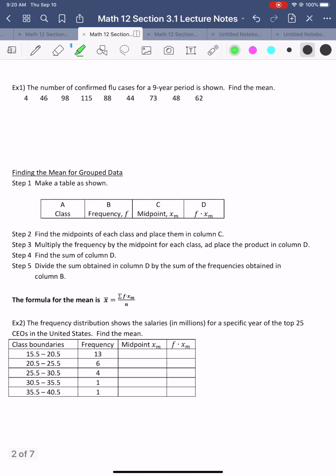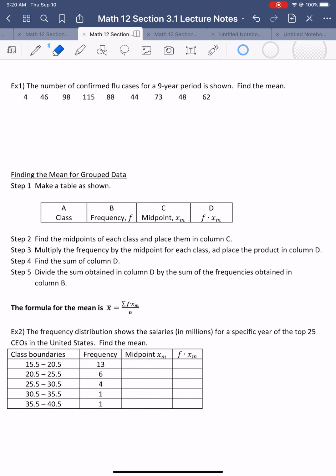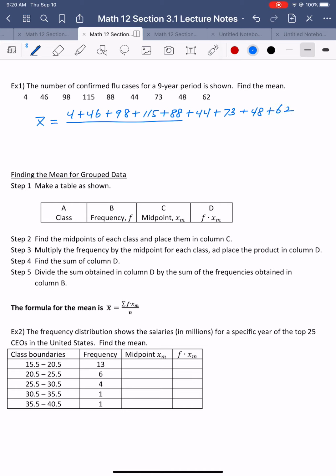All right, let's get the mean. The number of confirmed flu cases for a 9-year period is shown. Find the mean. So this is x bar, which means you add all the numbers: 98, 115, 88, 44, 73, 48, 62, and divide by 9.